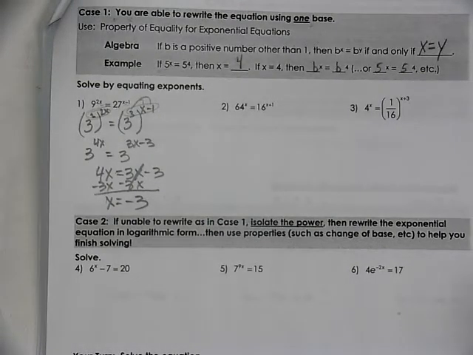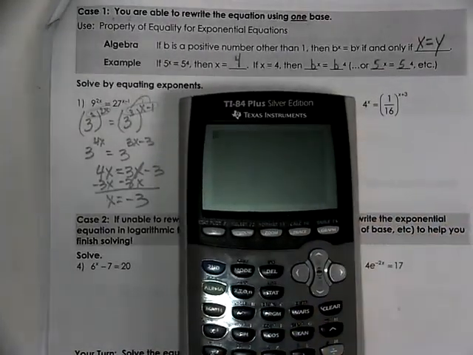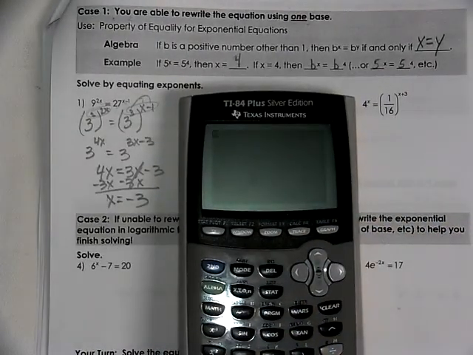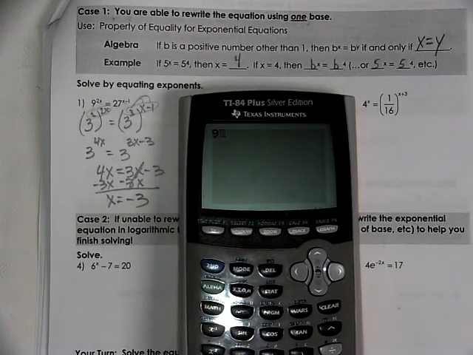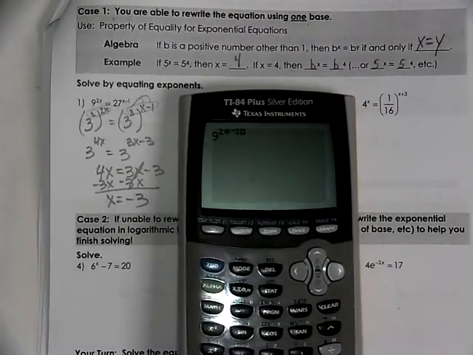We can test that answer using a calculator. We can say 9 to the power of 2 times negative 3.